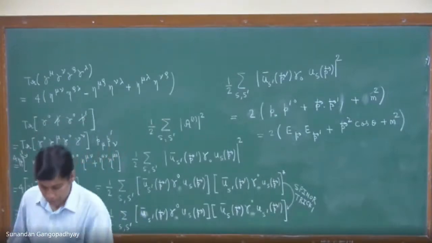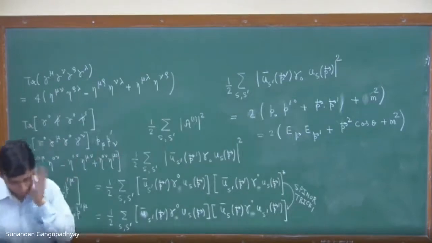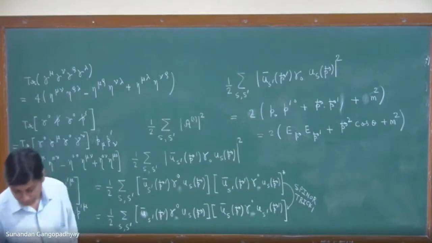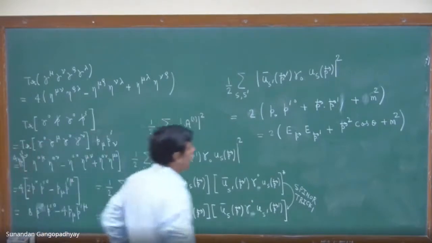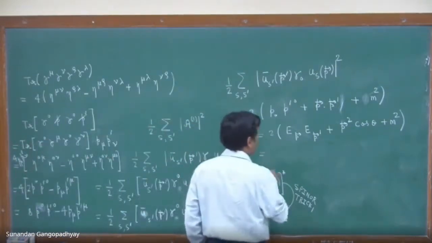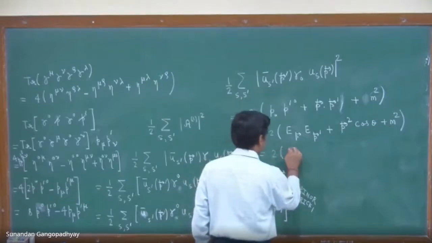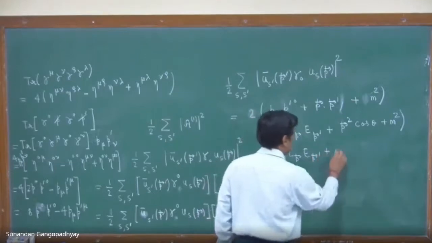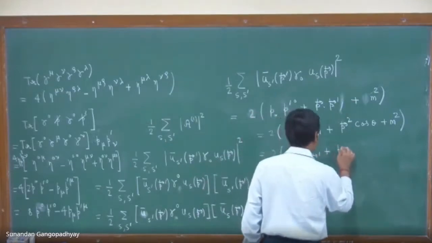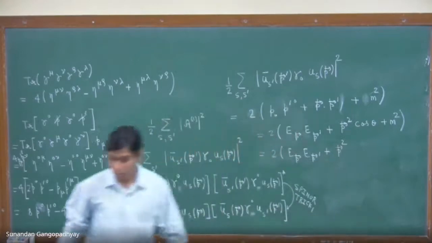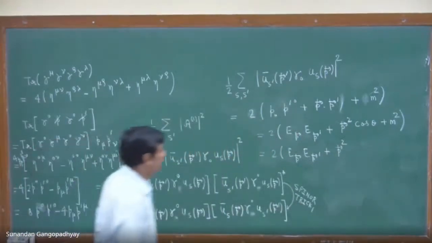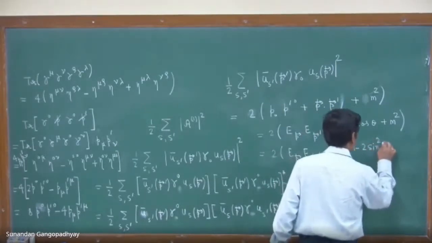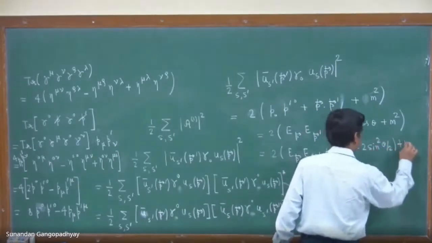So this is what we have, and now you can write this as twice P prime squared cos theta, and write it down as 1 minus twice sine square theta by 2 plus.